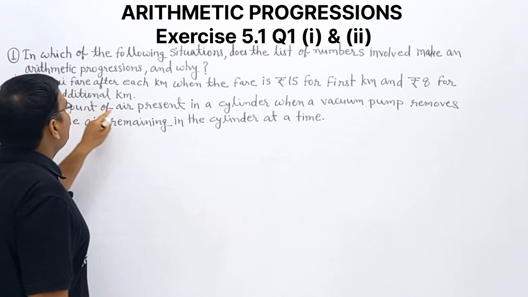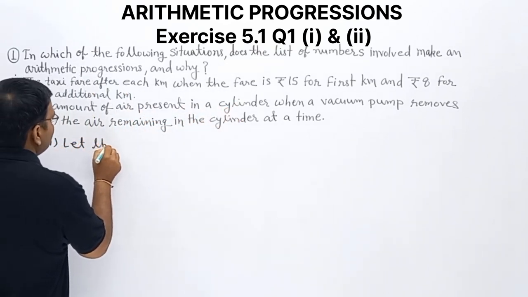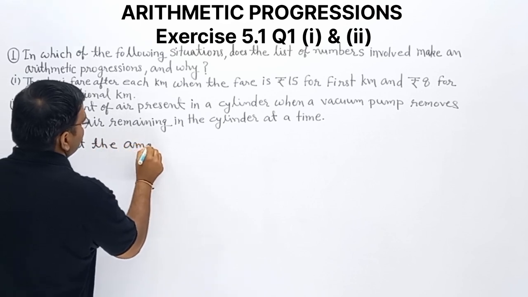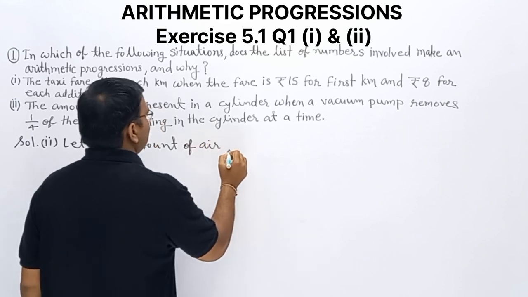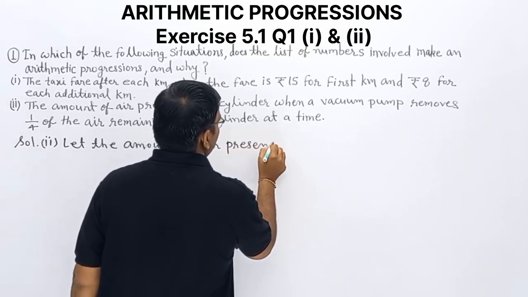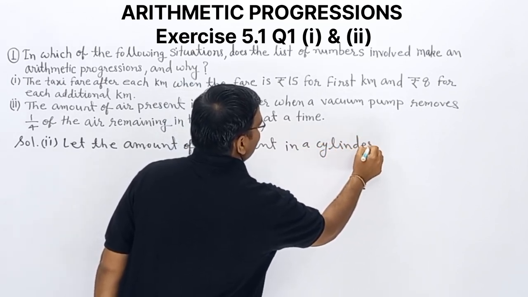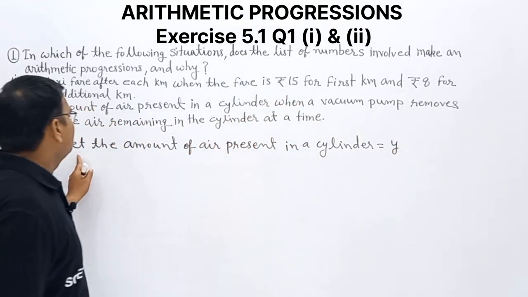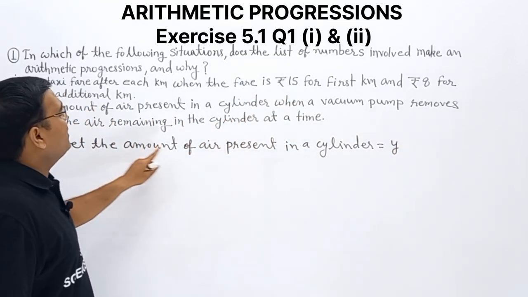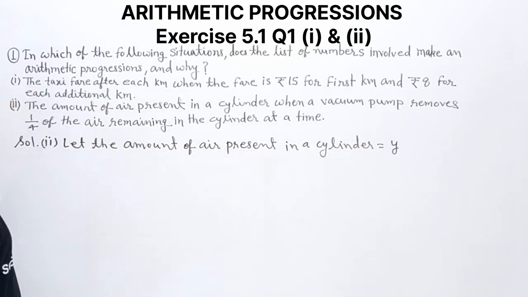So first we should assume, let the amount of air present in a cylinder equal Y. The amount of air present in a cylinder is Y units. Clear? So we assumed this.